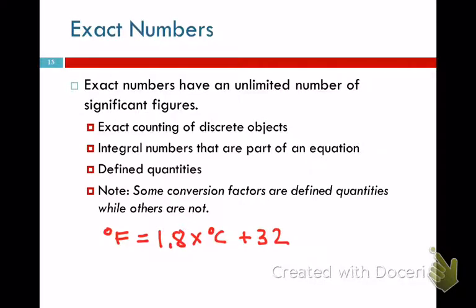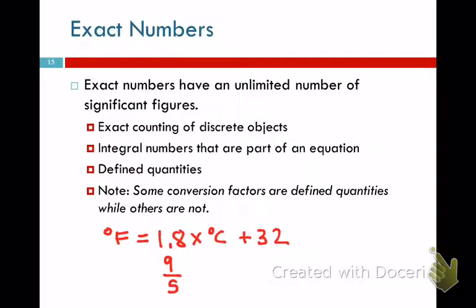It turns out the 1.8 and the 32 are both exact. Those are defined in that conversion. In fact, that's the reason why you see 1.8 often expressed as 9/5. Because people understand inherently that the 9 is an integer and the 5 is an integer, so the 1.8 has to be exact. The 32 is also exact.